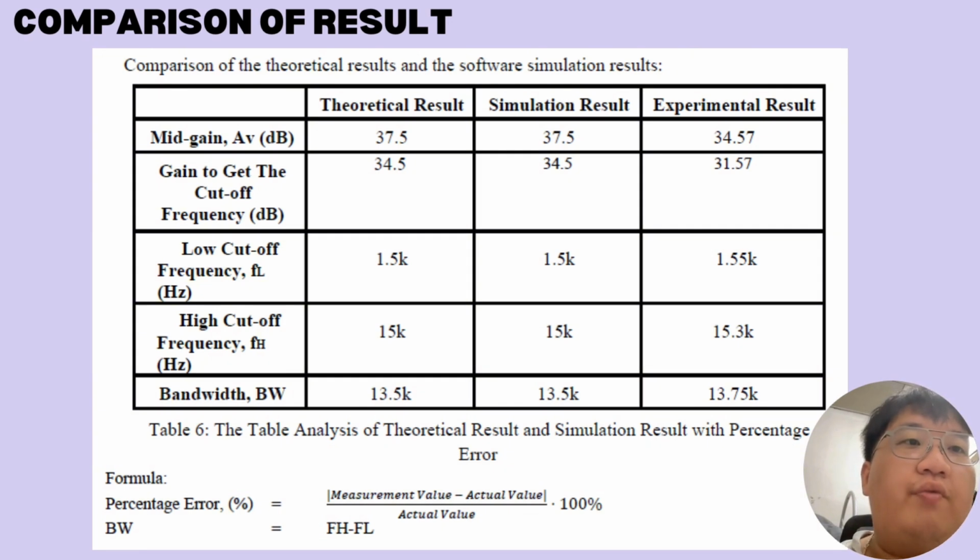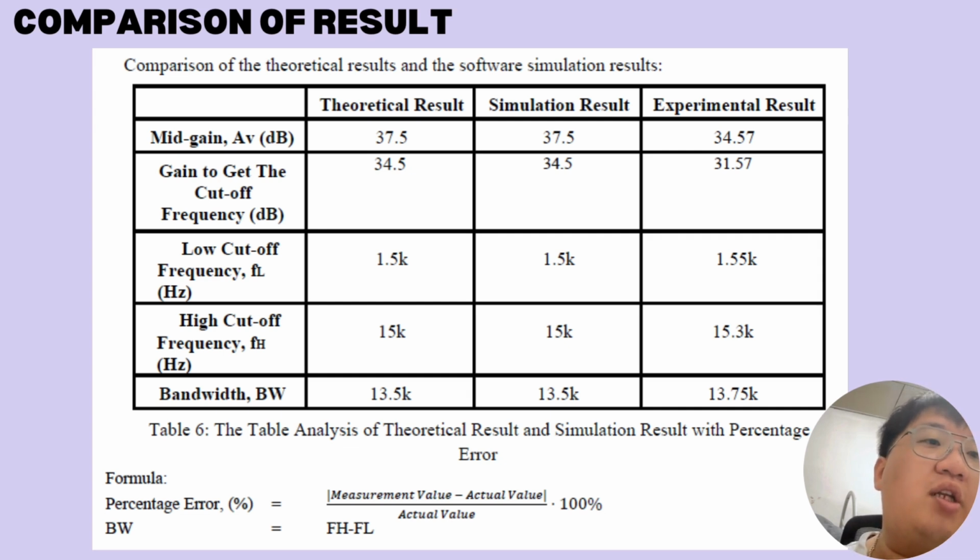So for the result part, we'll have three types of result: the first one is the theoretical result, the simulation result, and then the experimental result. You will have five elements also. The first one is mid gain, then gain to get the cutoff frequency, low cutoff frequency, high cutoff frequency, and bandwidth.